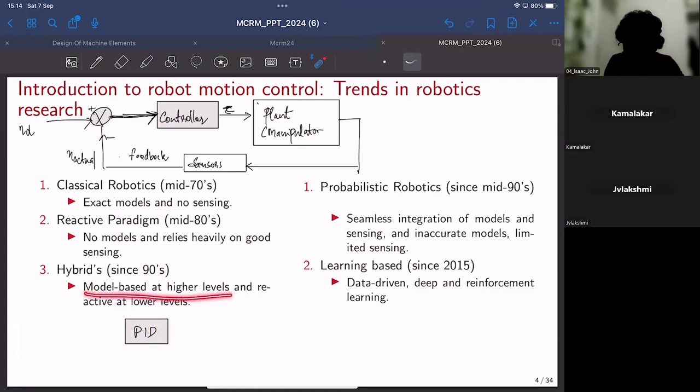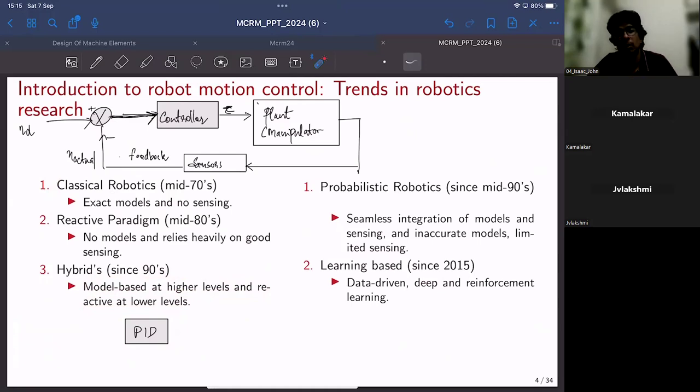Then later on, we have a hybrid scheme where we have a model-based scheme at higher levels and a reactive scheme at lower levels. Model-based schemes at higher levels means schemes where a model can actually be influential.